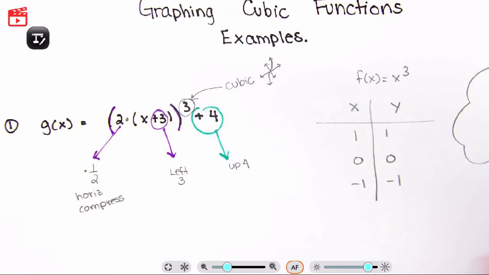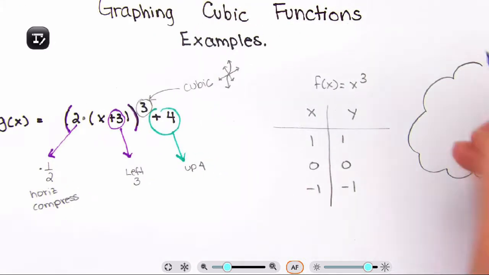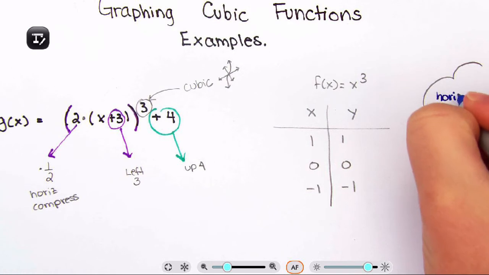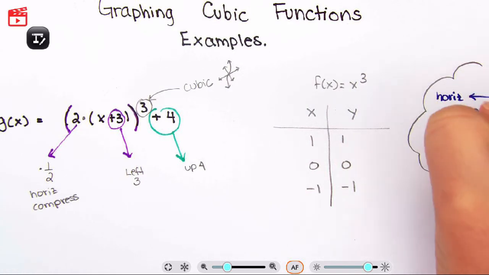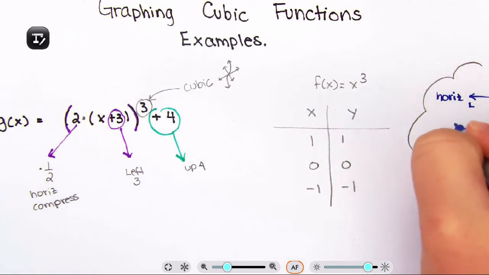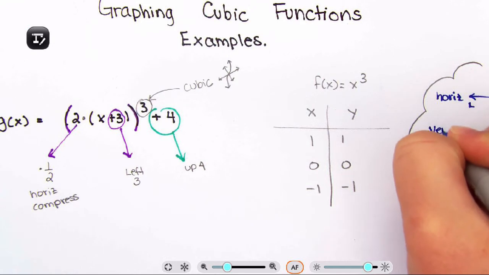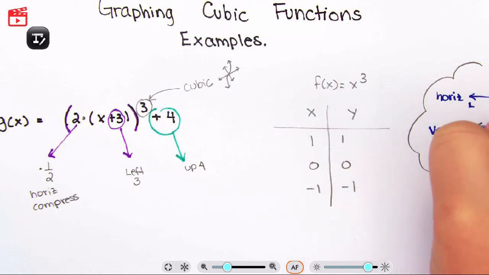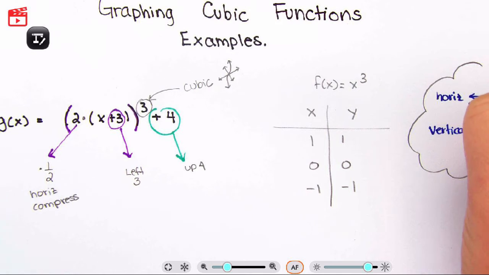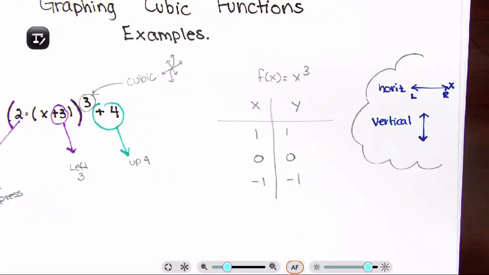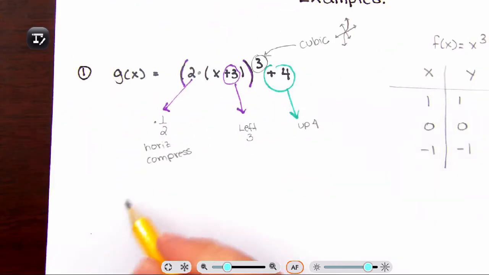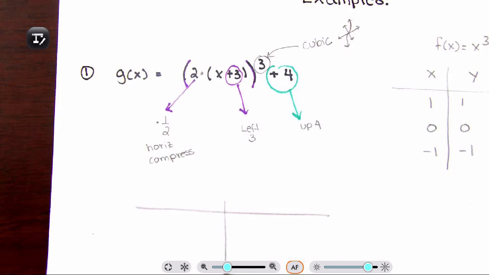Horizontal is left or right, and your vertical is your up and down. Or your horizontal is your x-axis and your vertical is your y-axis. So when we determine our new points, we have to determine what our new x and y are going to be.